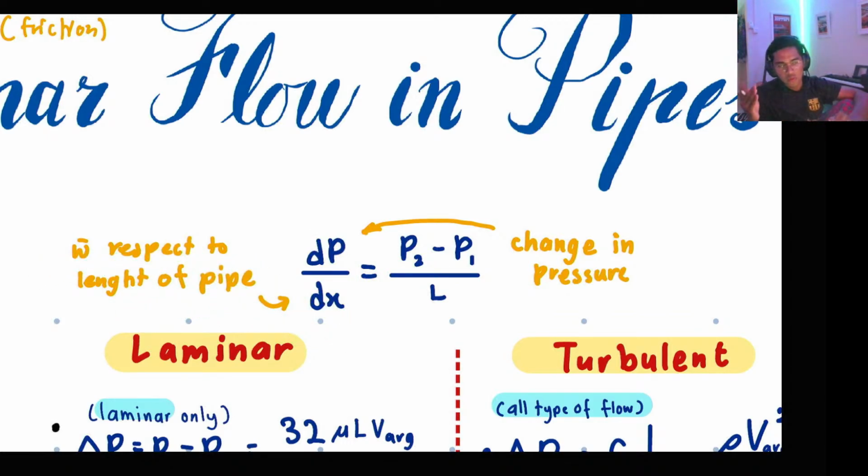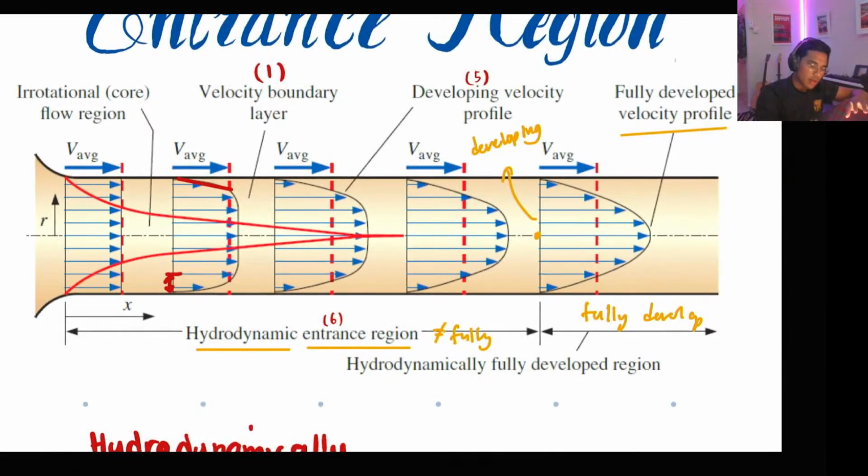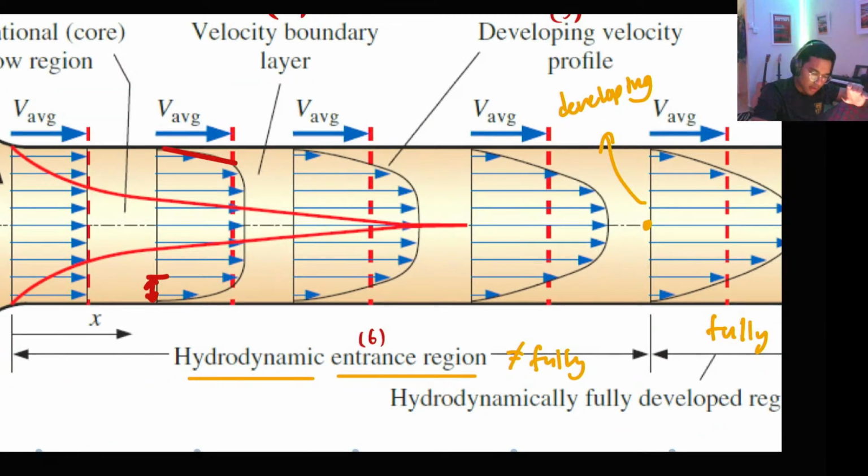Why do we want to relate this to the length of the pipe? It's because the viscous effects come from the surface of the pipe. If you have laminar flow, this is what we call the no slip condition.